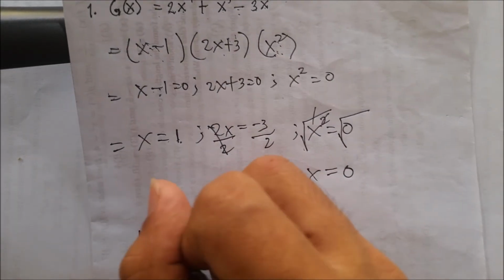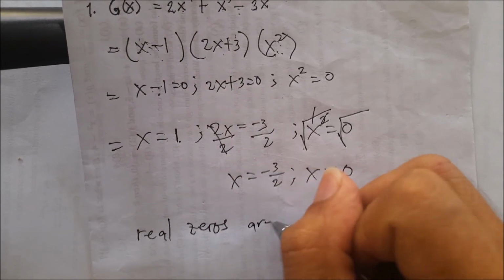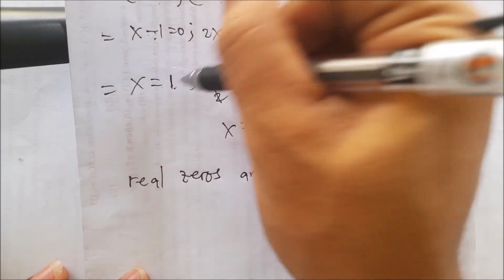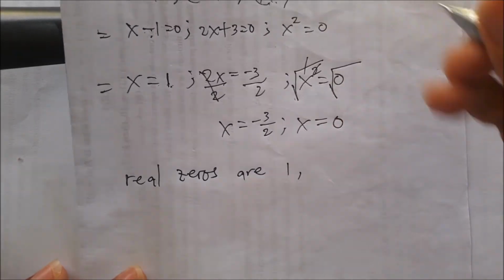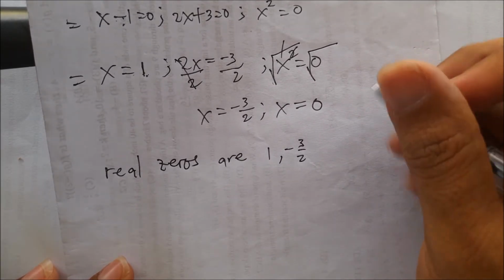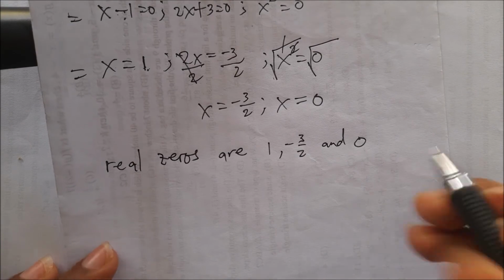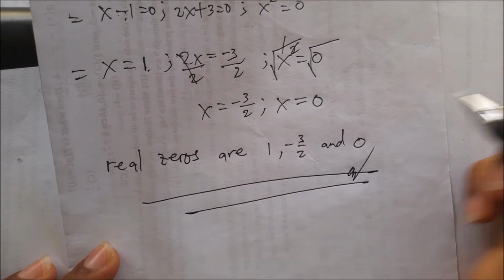And the real zeros are 1, negative 3 halves, and 0. This is your final answer.